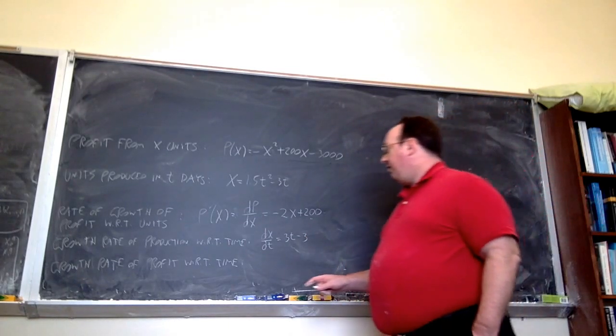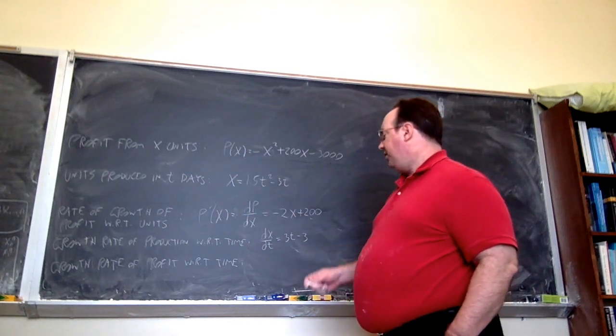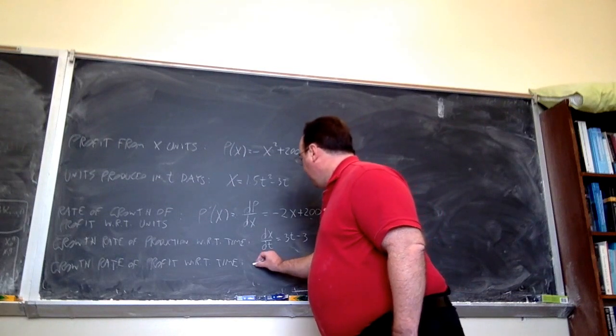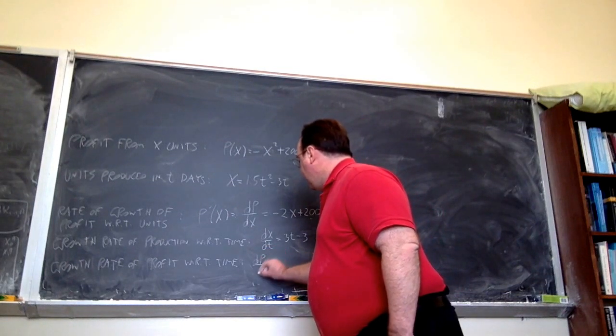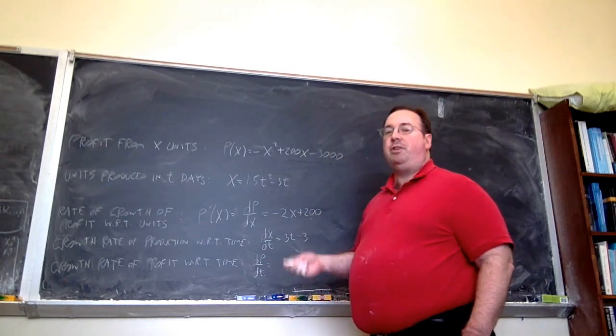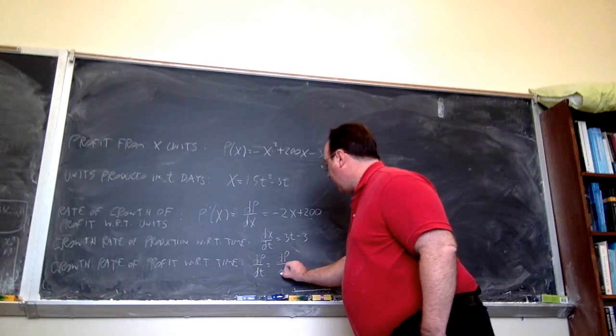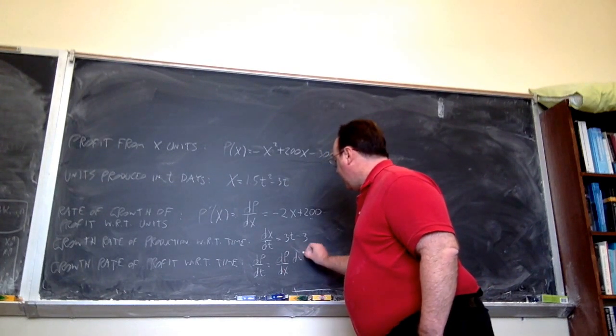Now, we can combine these two derivatives to get a growth rate of profit with respect to time. So that would be dp dt, and to get this derivative from these two, we just multiply them together. So we have dp dx times dx dt.